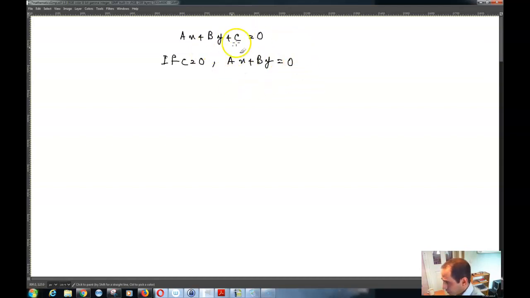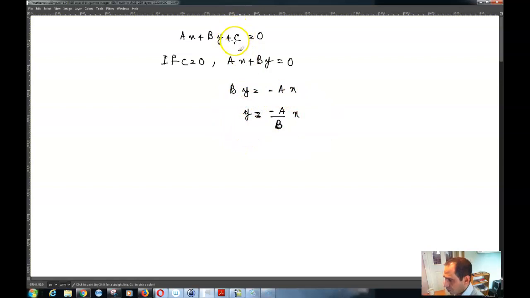And of course, you know that this is a line that passes through the origin, because you see that by is equal to negative ax, and y is equal to negative a by b times x. So you see that this line passes through the origin, and it doesn't have any intercept.